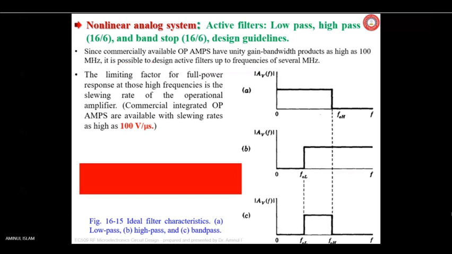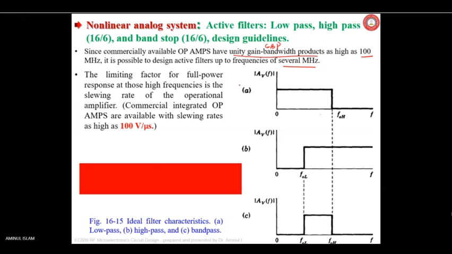Since commercially available op amps have unity gain bandwidth products, normally called GBP in short, unity GBP, as high as 100 megahertz, it is possible to design active filters up to a frequency of several megahertz.